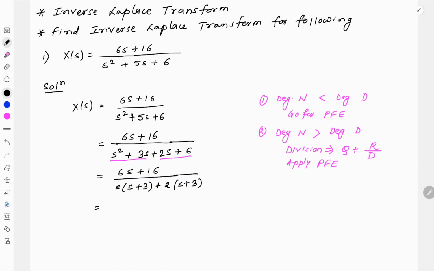So our equation becomes, now s plus 3 can be taken common from both the terms. So s plus 3, and the remaining term will be s plus 2. So we have obtained the factors of the polynomial as s plus 3 and s plus 2. Now apply partial fraction expansion.